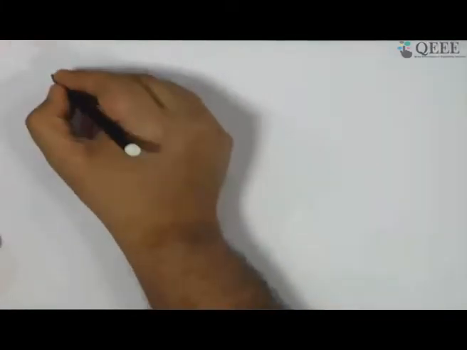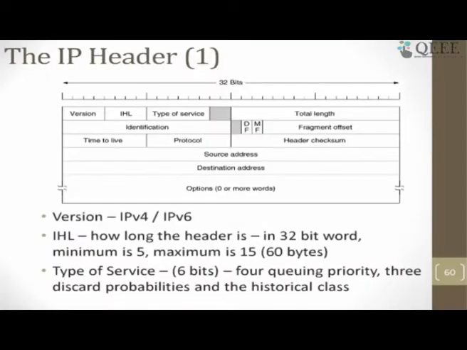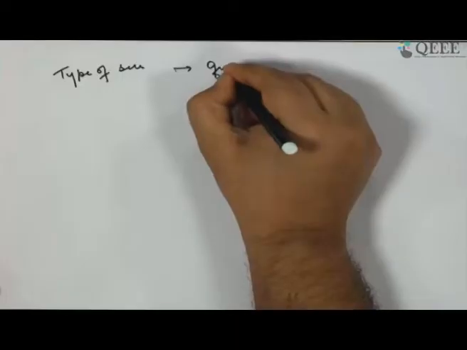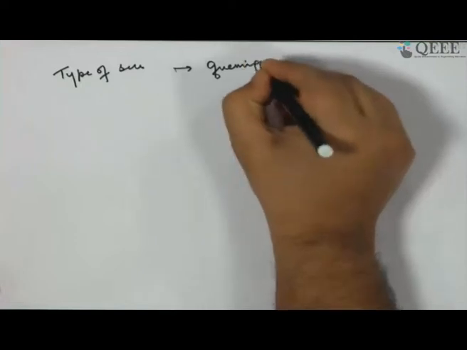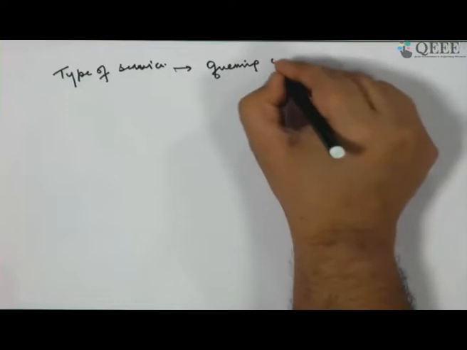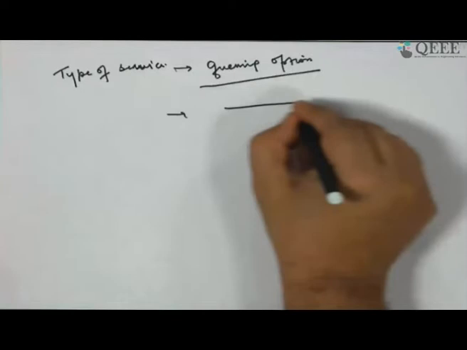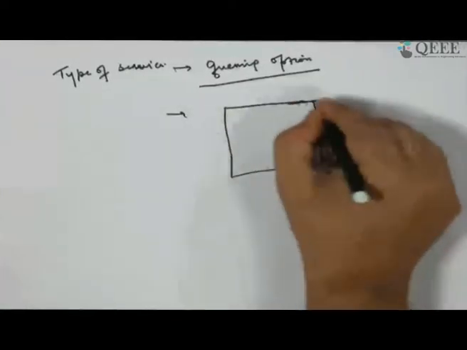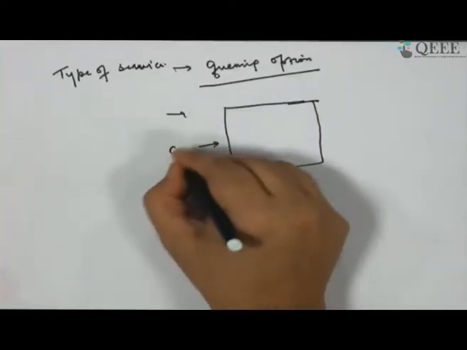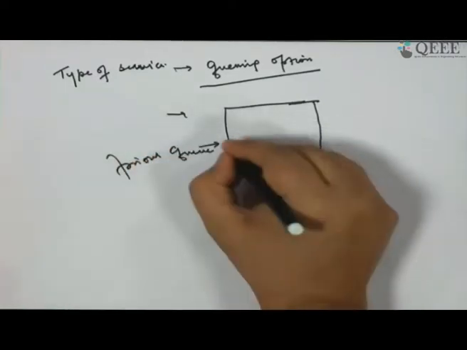So there can be 60 bytes at most. Now the third point is type of service. You can think of it as what type of queuing options. Say in a router there is a queue, and there can be a priority queue.